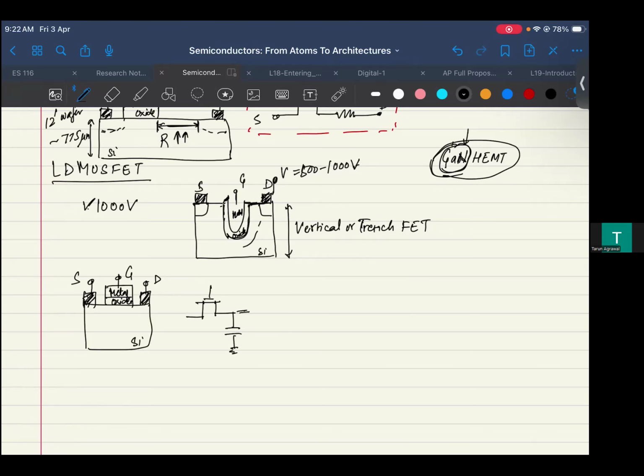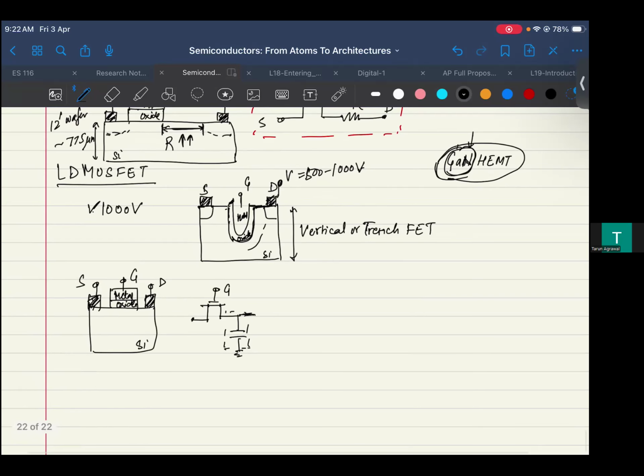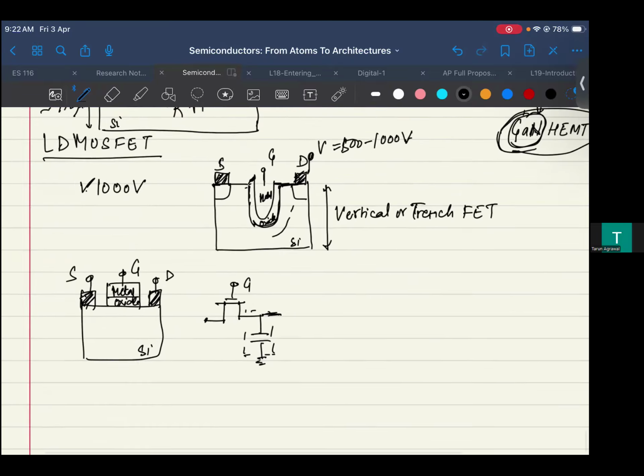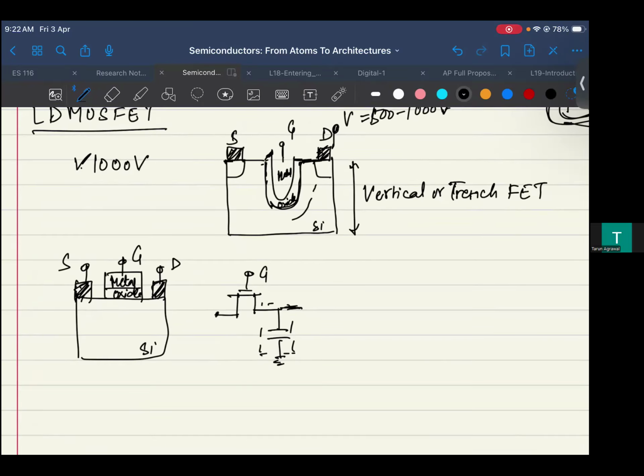And we saw that when you want to store the information, you need a capacitor with the transistor, and the capacitor comes with its own challenge of the area or footprint which you have. So the question people are asking is, is there a way that this information can be stored within the transistor itself, so that I don't need a capacitor, right? And for that, you can see there is already some capacitor which is inherently there in your transistor, is this, right?